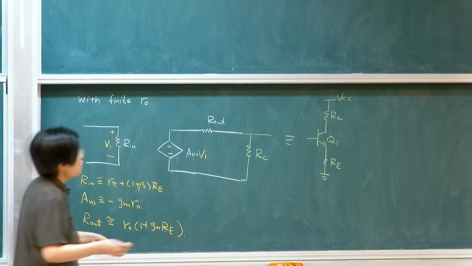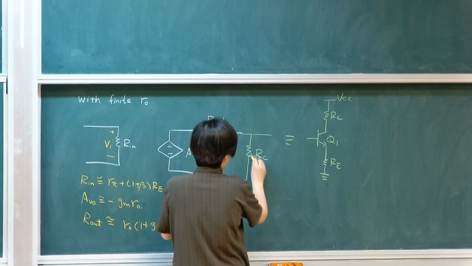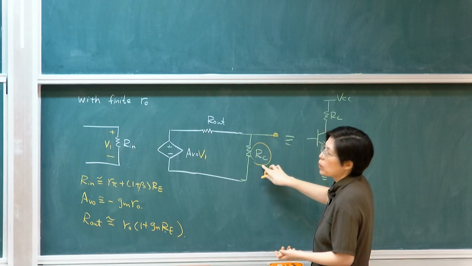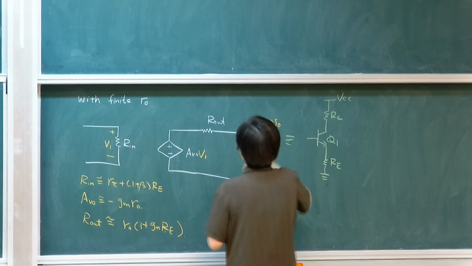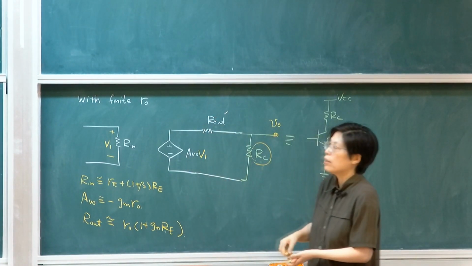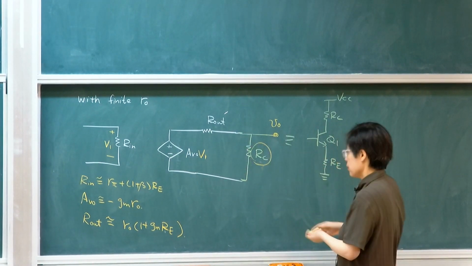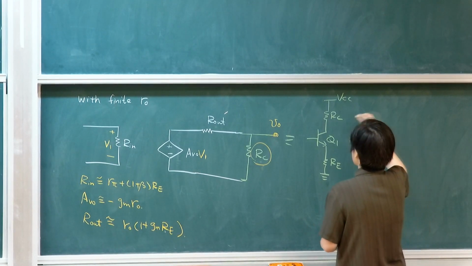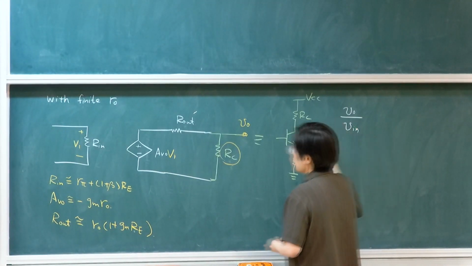So what will be the ultimate result for this particular circuit when this is added? Your new output is, rather than the open circuit case, when resistance RC is added. If you're looking at this particular point, this will be V out prime when RC is infinite. So you add it back. Let's look at the ultimate gain in this case: your output V out versus V in. V in is still here.